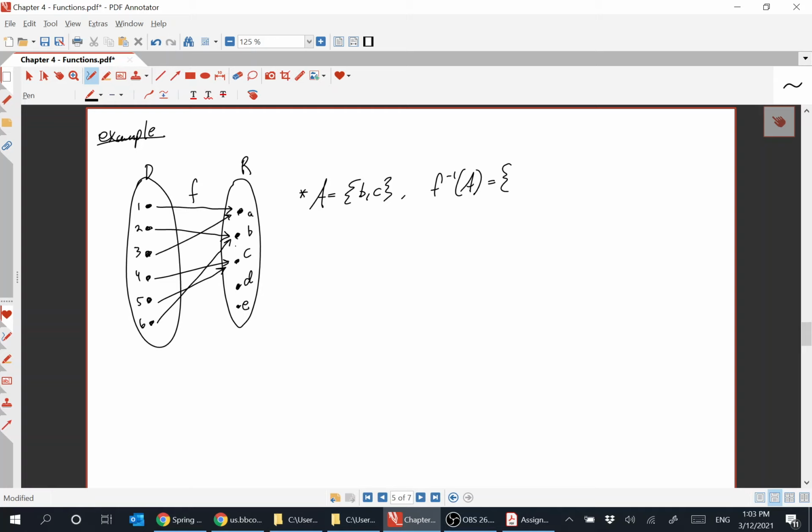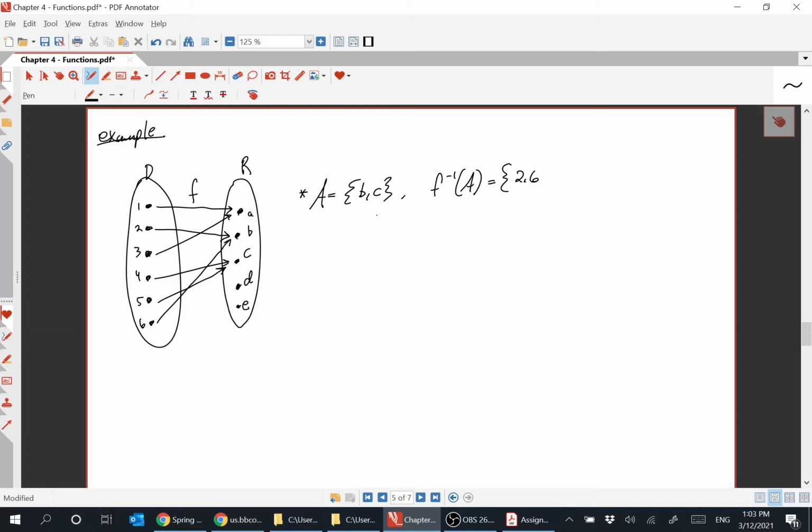So what goes to little b? 2 and 6. They go to little b.